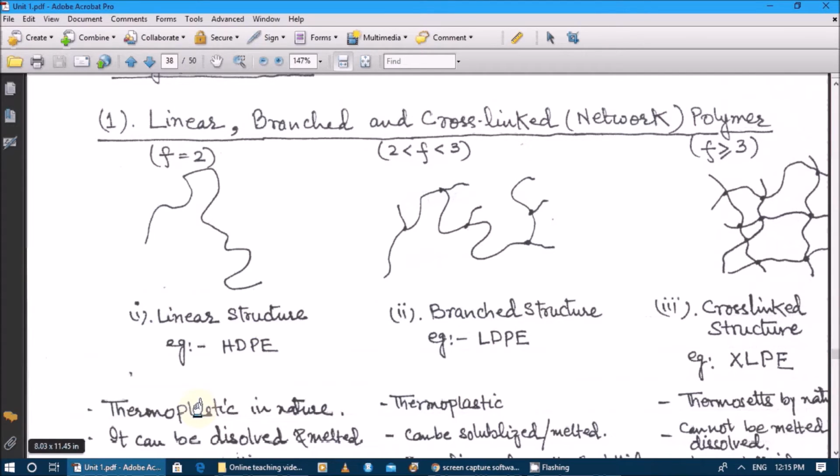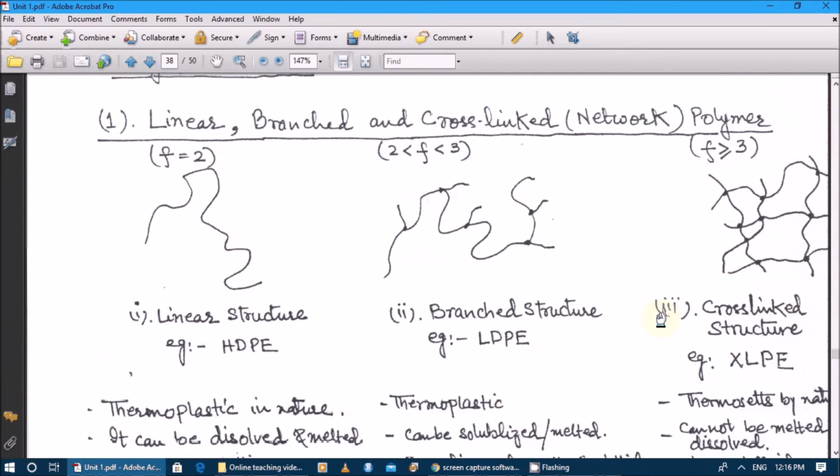But sometimes we blend some other monomer in very small quantity along with the ethylene gas and then copolymerize it, then the functionality is in the range of 2 to 3, and we will obtain polyethylene known as LDPE, low density polyethylene, having short branches.